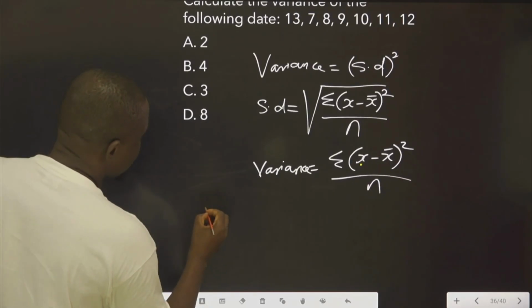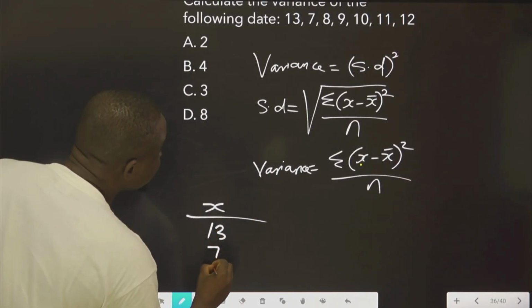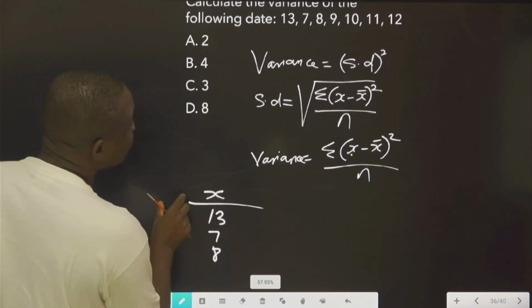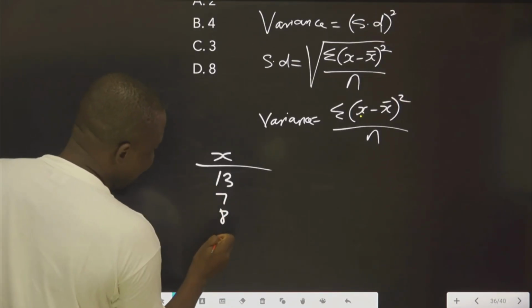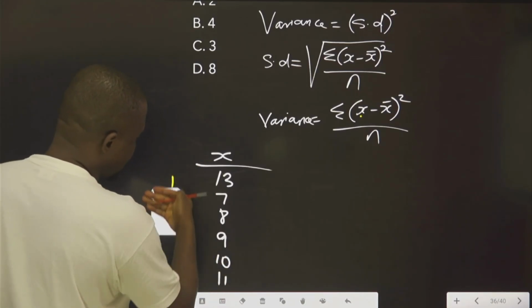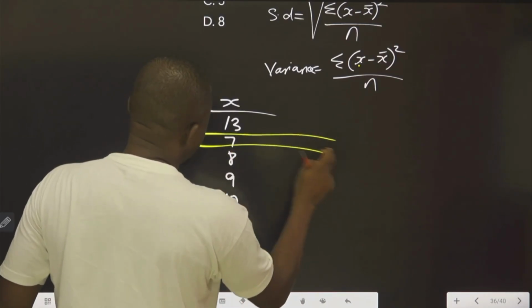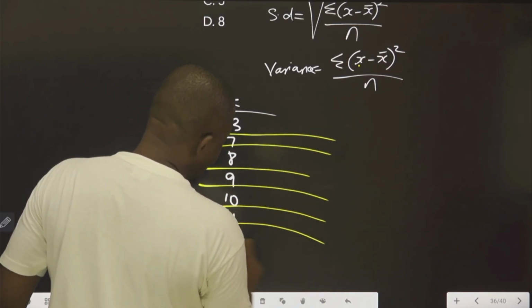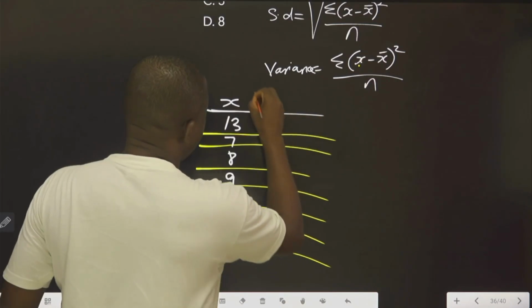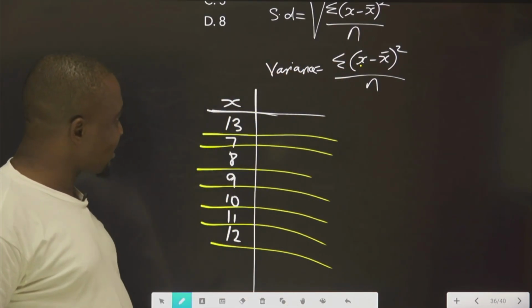So let's say x here. This is 13, 7, 8, 9, 10, 11, 12. Okay? I'm going to draw this line just to demarcate them to avoid error.